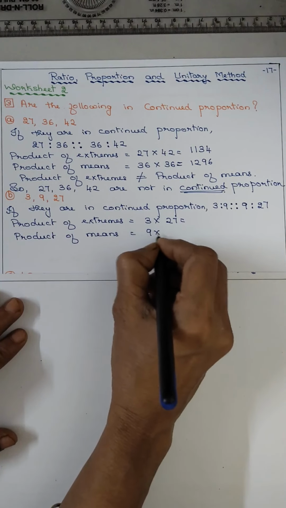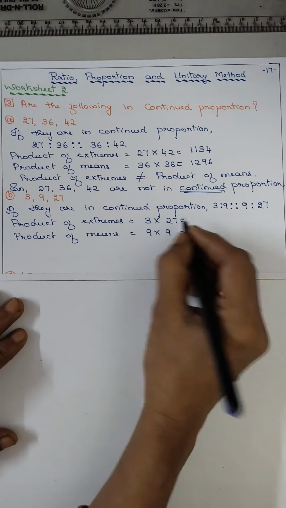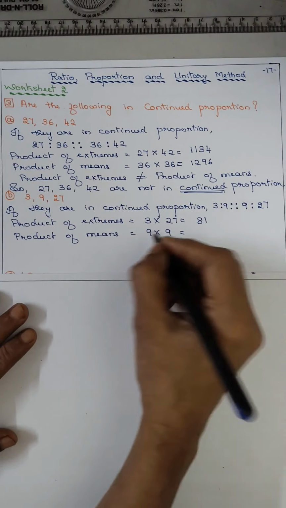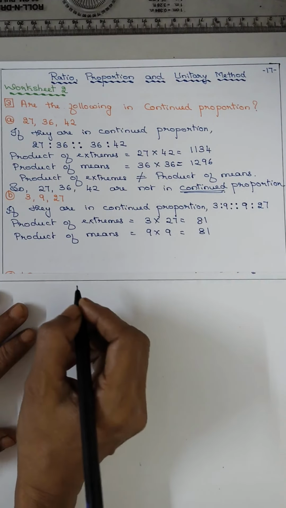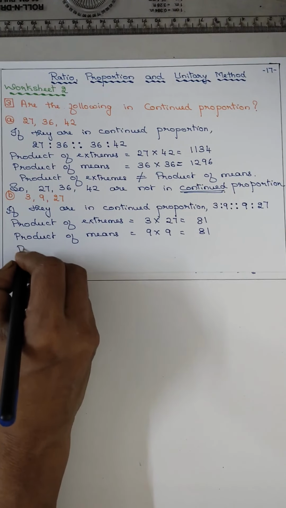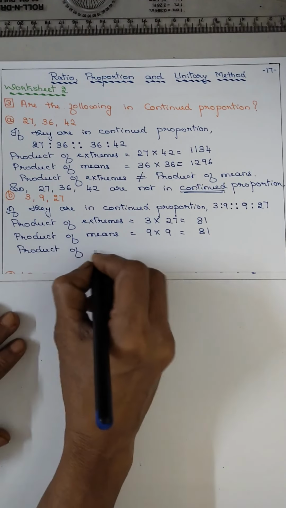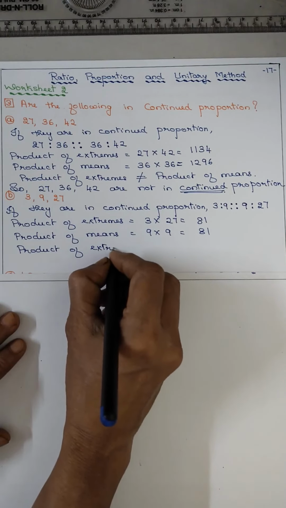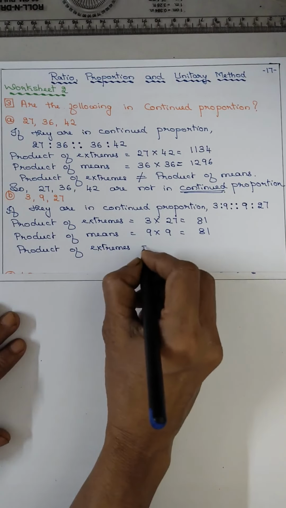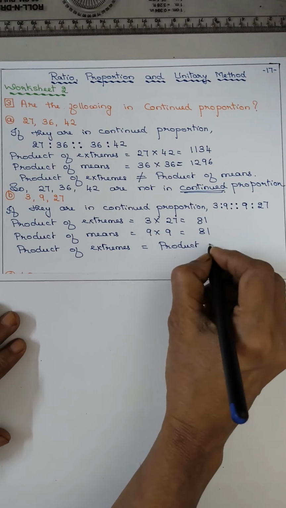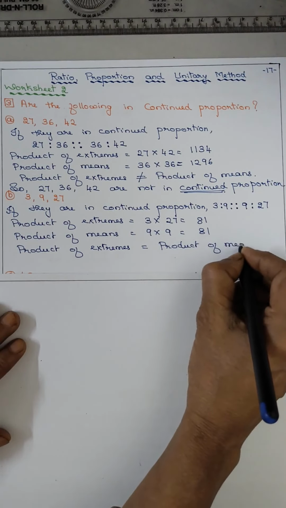Second and the third. 3 sevens are 21. 3 twos are 6 plus 2 8. 9 nines are 81. They are equal. So product of extremes is equal to product of means.